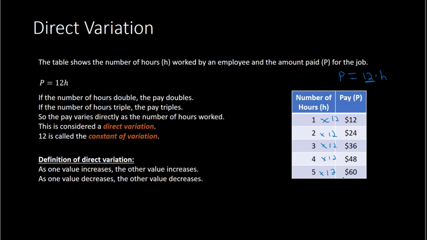If the hours were decreasing, then the pay would also decrease as well. So this is direct variation. Now with direct variation, we need to know how to work with this. So if you are given an example or given something stated in English, we need to know how to convert into math notation so that we can use to solve.